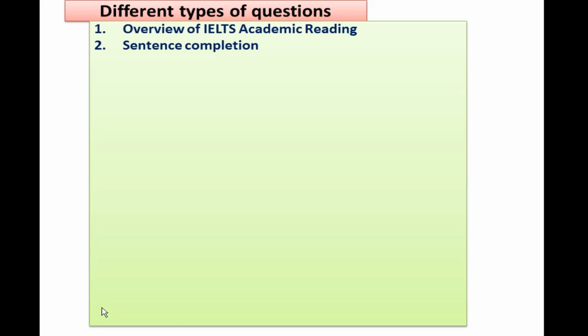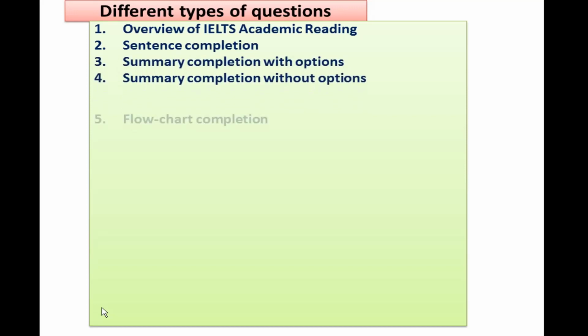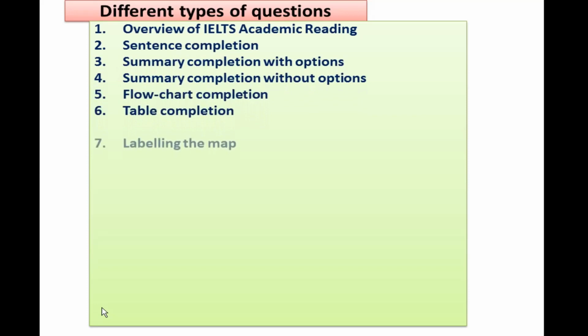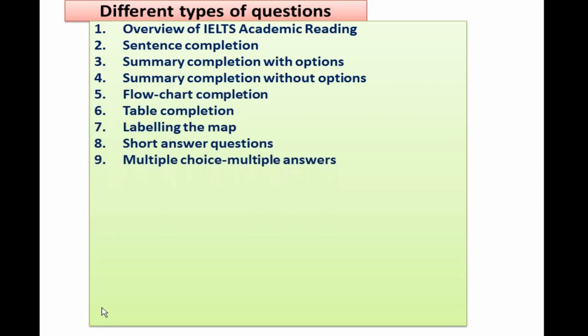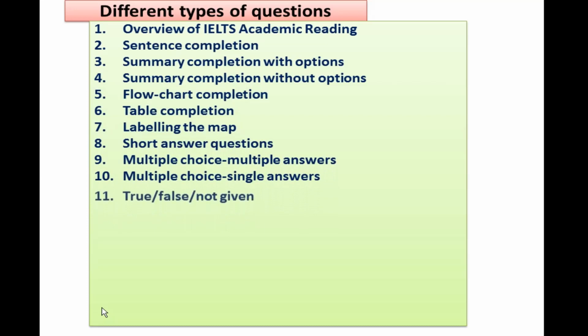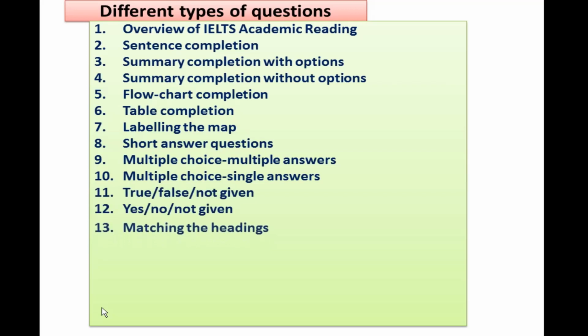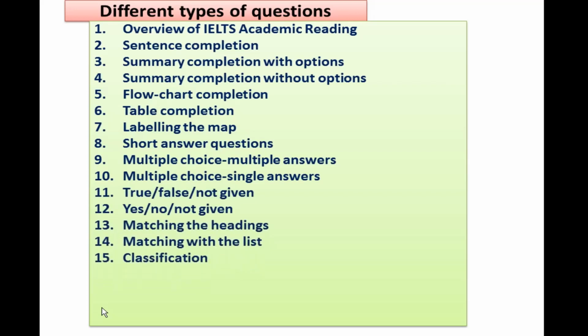Then we start taking one by one each type of question: sentence completion, summary completion with options, summary completion without options, flowchart completion, table completion, labeling the map, short answer questions, multiple choice multiple answers, multiple choice single answers, true false not given, yes no not given, matching the headings, matching with the list, classification, matching the sentence ending.